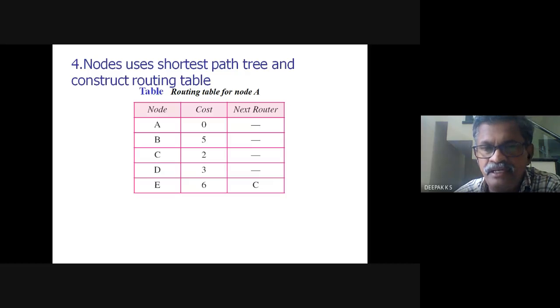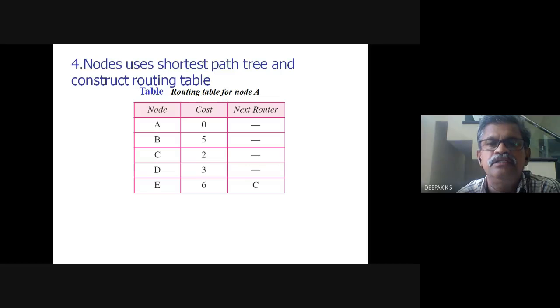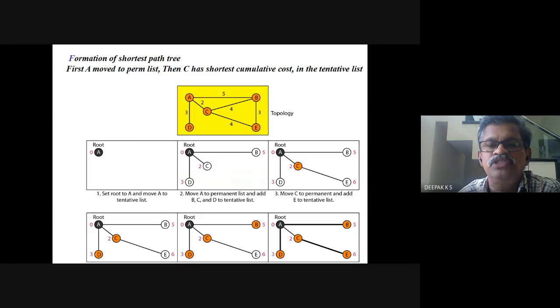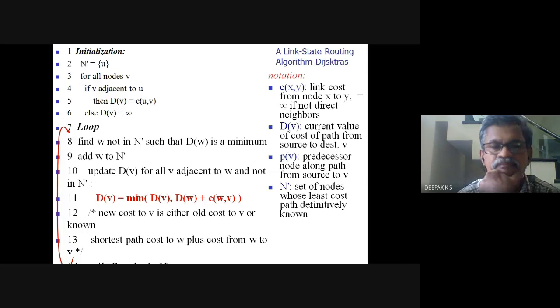And finally, the shortest path tree can be calculated, and from which we can create a table, the least cost to different nodes. To itself is 0, to other nodes, and through the next hop router. In case of E, it has to go through C. So these are the 4 steps.